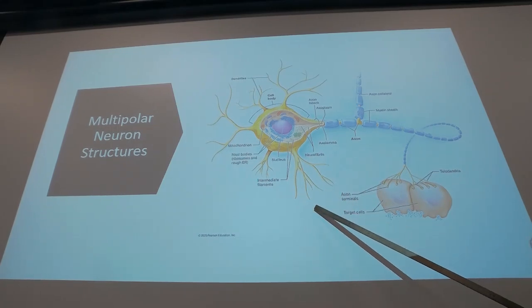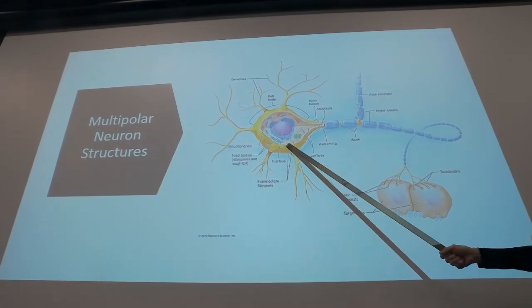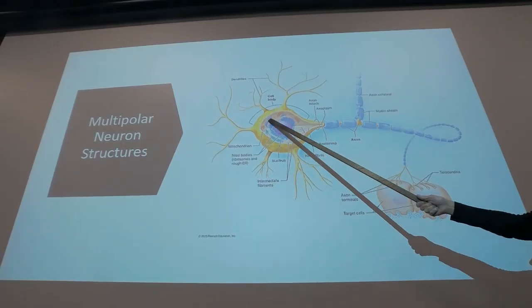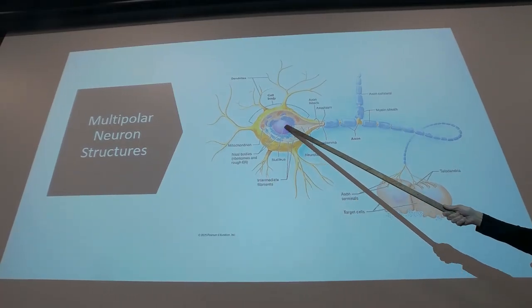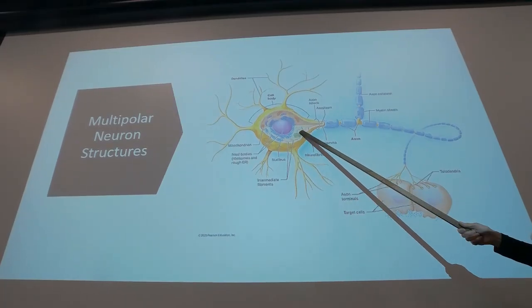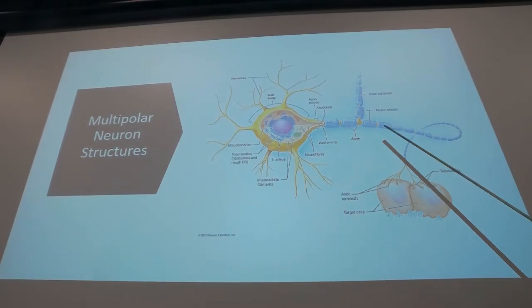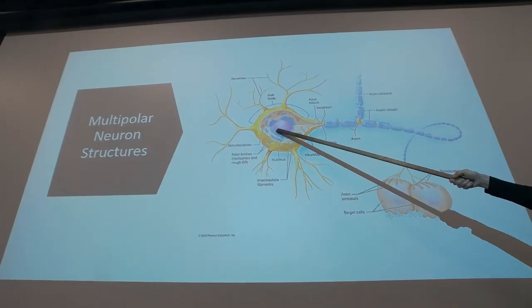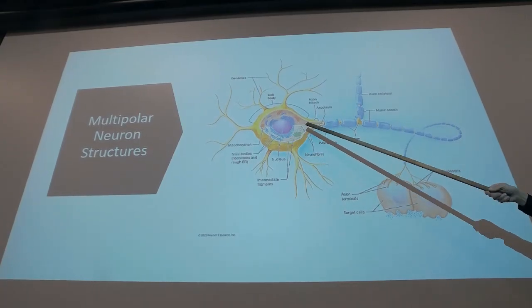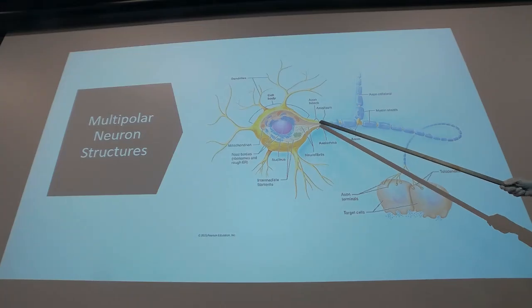The dendrite receives information from the other cells and brings it into the body, so that the body with the nucleus and all the ribosomes and the organelles will make sense of what it needs to do and integrates the information.